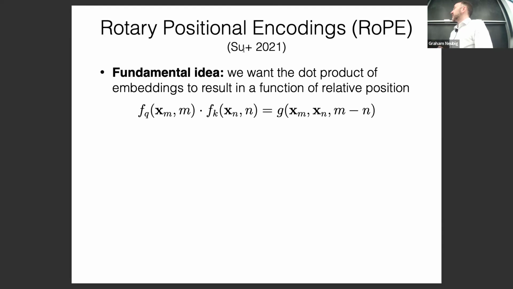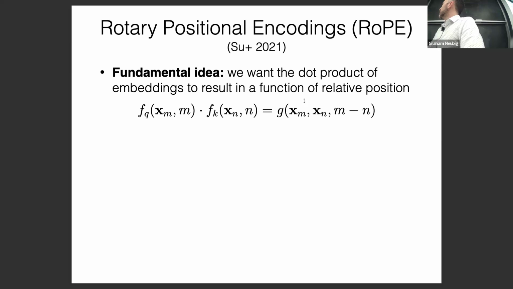Their basic idea was that they wanted to come up with something where you have an encoding vector that takes in the actual vector and the position, and you have another encoding vector where you take in the other vector and the position. And the product of these two becomes another function that is a function only of the two vectors and the relative position.